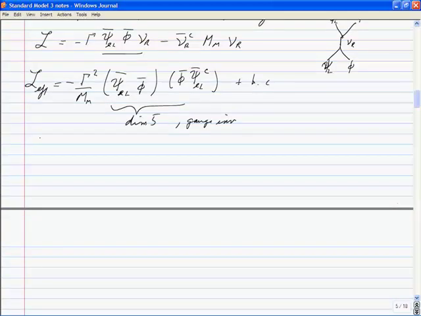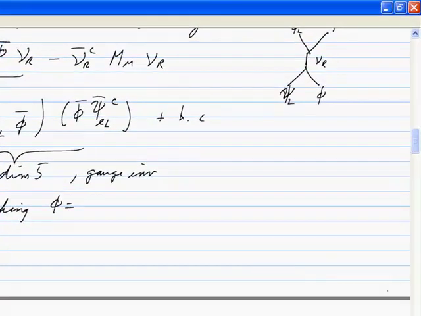Okay, so there's this operator. And then after symmetry breaking, phi bar is V in the upper component.